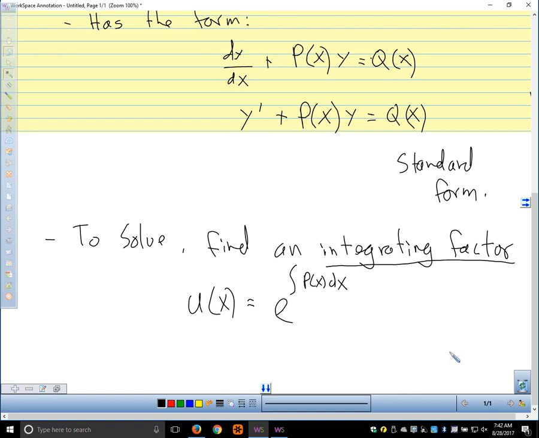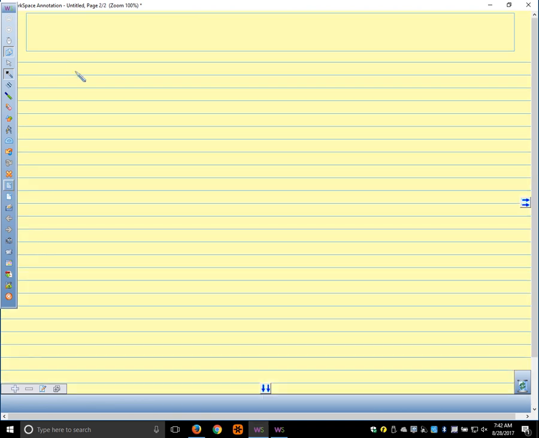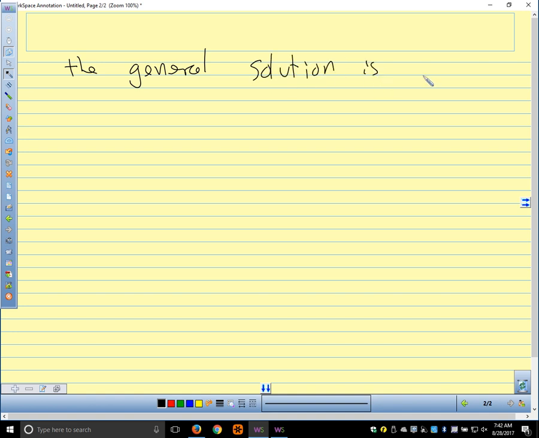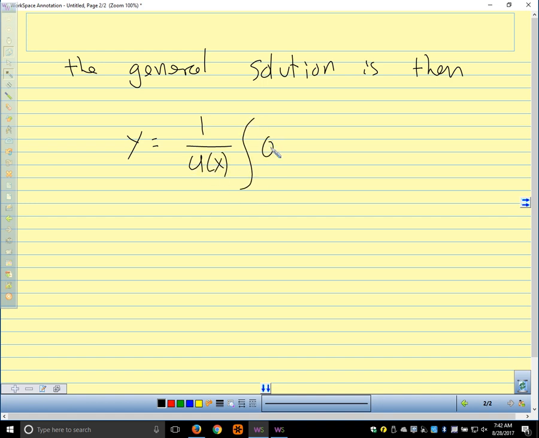And then our general solution we can write as y equals 1 over u of x, the integral of q of x times u of x dx.